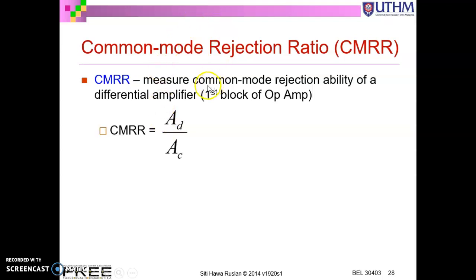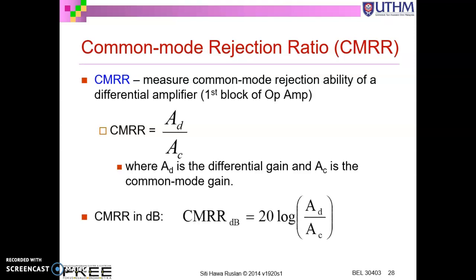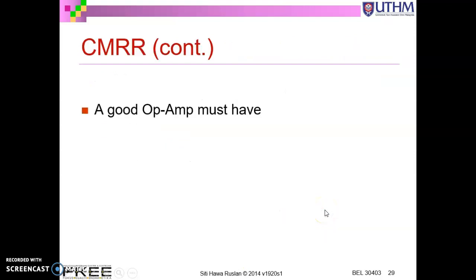Since noise comes in the form of common mode, CMRR is defined as AD divided by AC, where AD is the differential mode gain and AC is the common mode gain just now, which is the noise. Usually the CMRR is calculated in dB, where CMRR in dB is 20 log of AD over AC. It is 20 log because we measure AD and AC in terms of voltages.